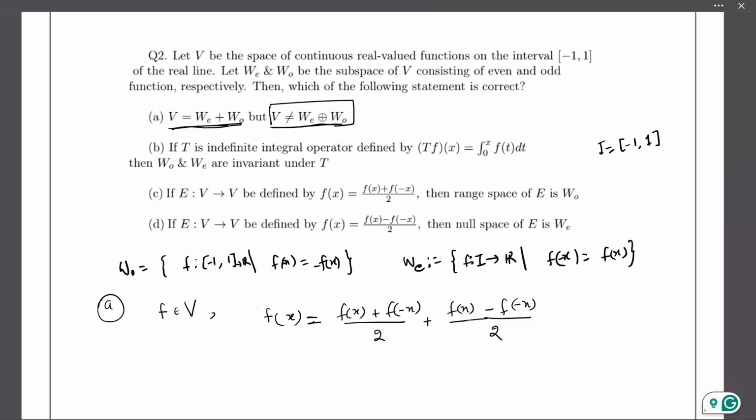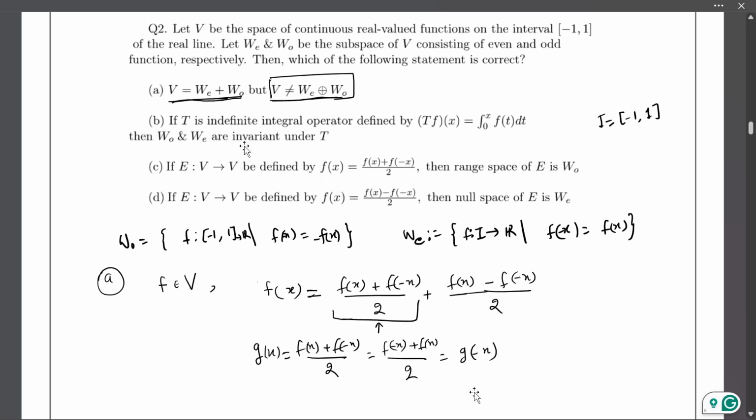So from here, if you see the first part, this is an even function. Let me write it. G of x is equal to f of x plus f of minus x by 2. This is an even function because this can be written as f of minus x plus f of x by 2, and this is nothing but g of minus x.